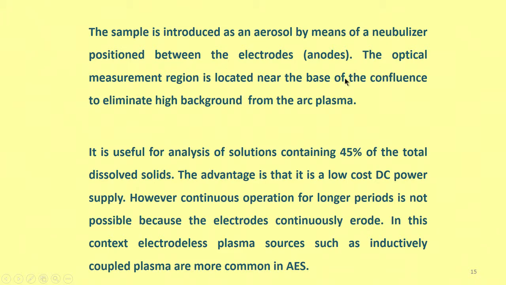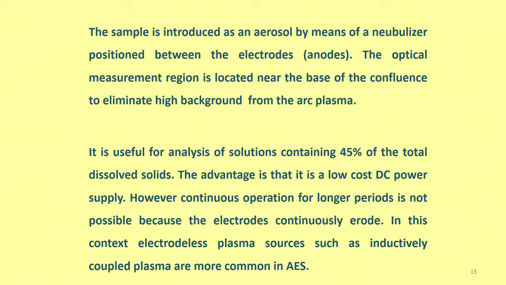So, it is located near the base of the confluence to eliminate high background from the arc plasma. The arc itself gives you a lot of radiation. Now, I want to introduce a sample and measure a small concentration of the analyte.